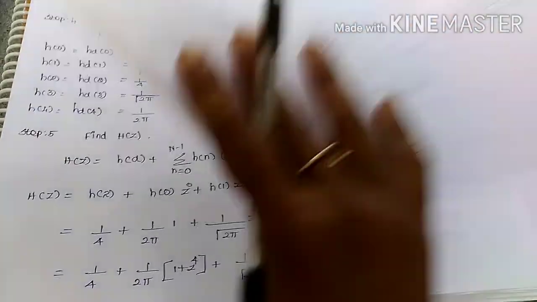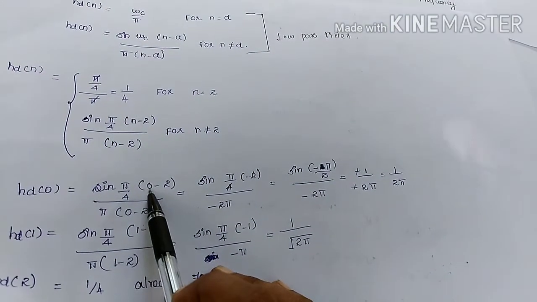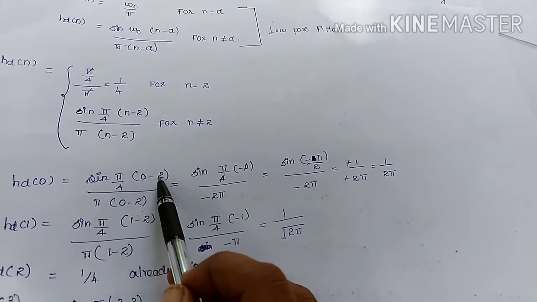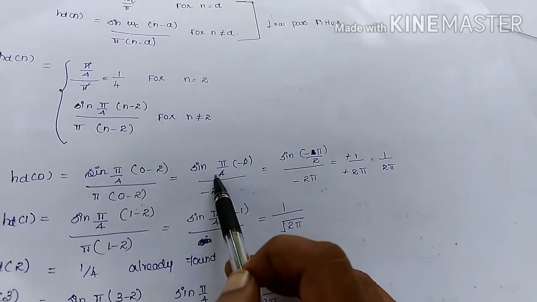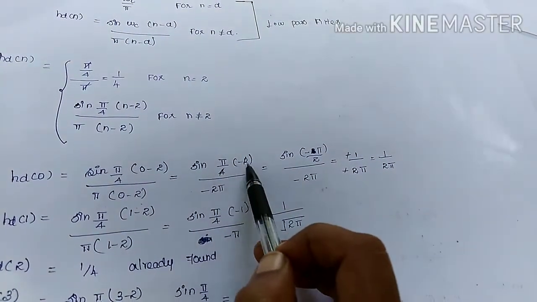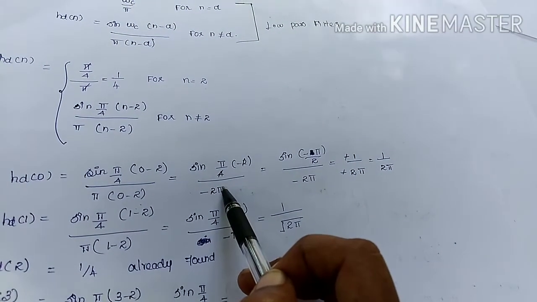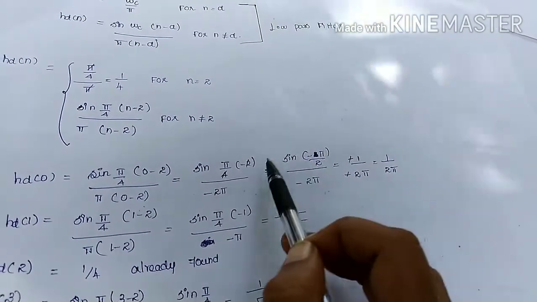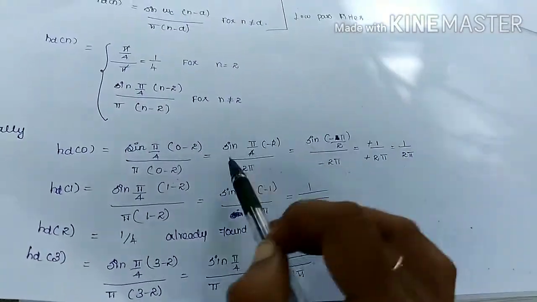So I will get sine pi by 4 into 0 minus 2, divided by pi into 0 minus 2. So I will get sine pi by 4 into minus 2 divided by minus 2 pi. Simplifying this using a calculator, I get 1 by 2 pi.